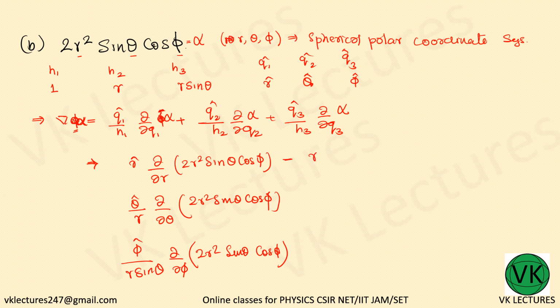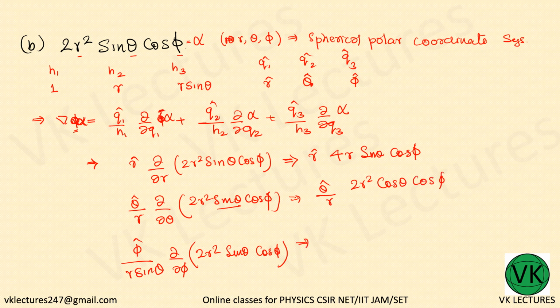So this gives us r cap into dou by dou r of this quantity, that is 2r square. 2r square means 4r, sin theta cos phi. This is equal to theta cap by r dou by dou theta. So sin theta will become cos theta, so 2r square sin theta cos theta cos phi.